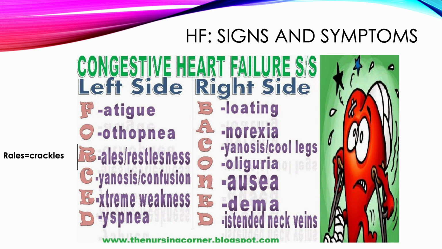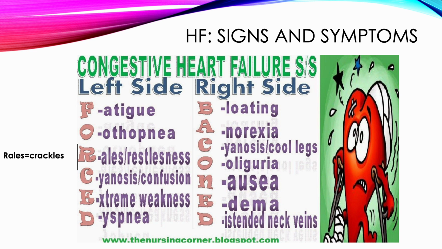So trouble breathing. On the right side, if they have right-sided failure, remember that goes to the rest of the body, so they'll have bloating, anorexia, cyanosis, cool legs, edematous legs, oliguria. Oliguria means they have a urinary output less than 400 milliliters in 24 hours. So what that means for you is they have a urinary output less than 30 mLs per hour, okay?